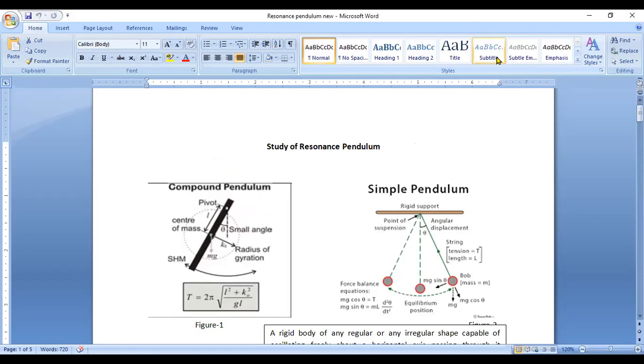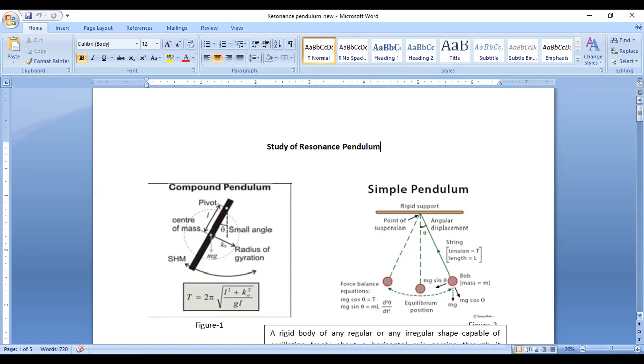Today we don't want to calculate the value of acceleration due to gravity, but we want to study the phenomenon of resonance, and we want to find out the damping coefficient of damping. So that we will see, but to understand and to perform the experiment of a resonance pendulum, you should know what a compound pendulum is and how it differs from the simple pendulum.